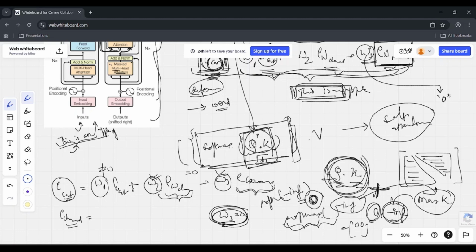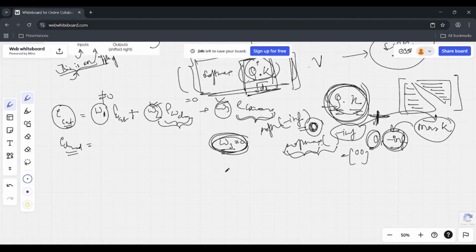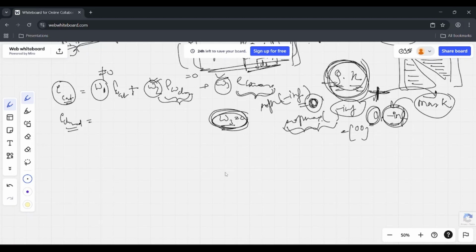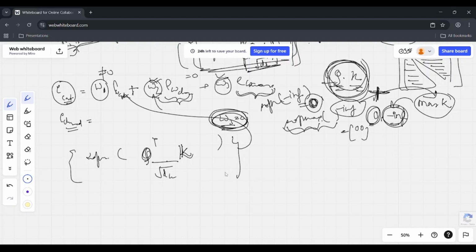Okay, so just to summarize everything, what do we do? We have our query matrix and our key matrix. We take their dot product, we scale them, we take their softmax, and this is how we get our weights W1, W2, and W3.